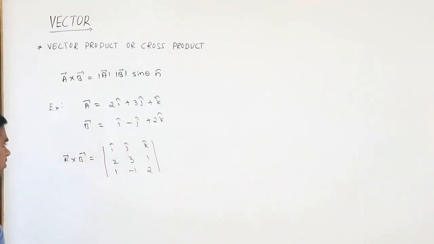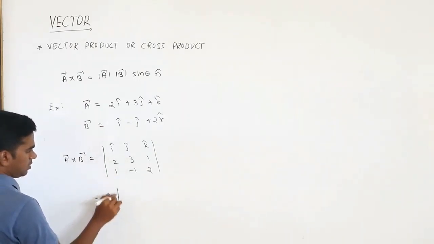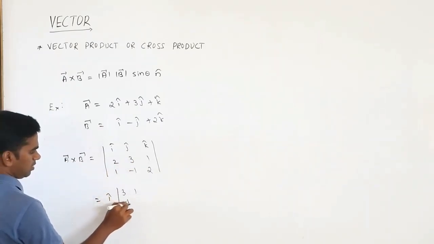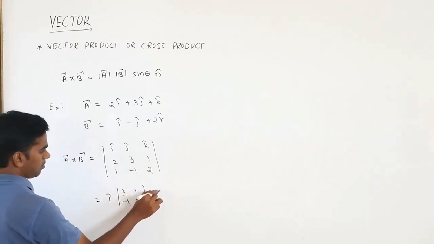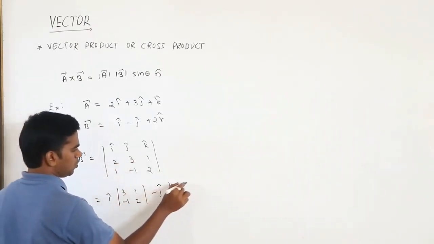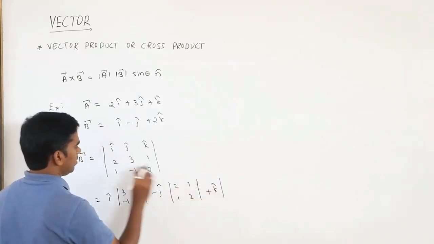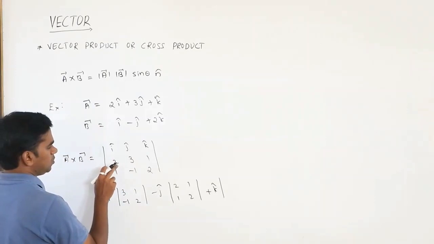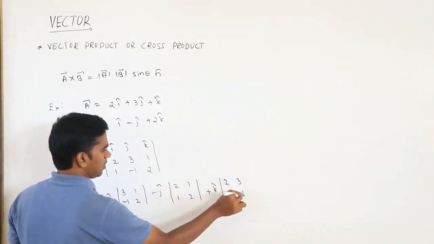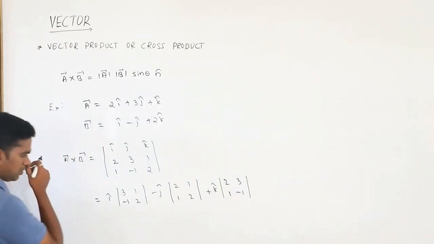Okay, so let me check what will happen. So A cross B equals, first you write I cap, then 3, 1, minus 1, 2. Minus j cap, 2, 1, 1, 2, plus k cap, 2, 3, 1, minus 1. Okay, so these are the components you got.